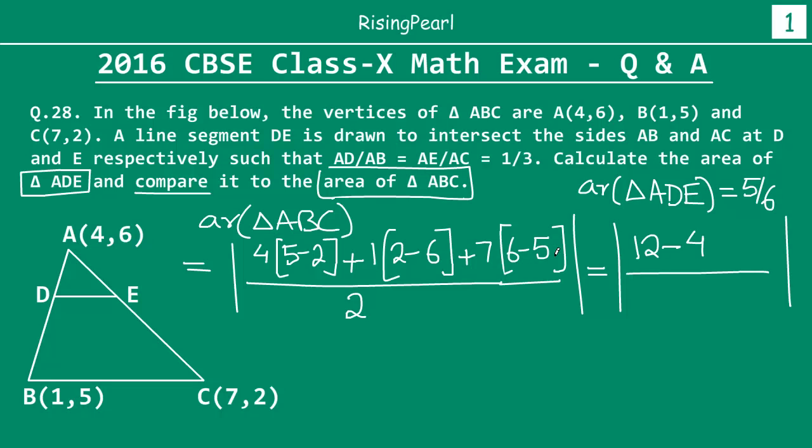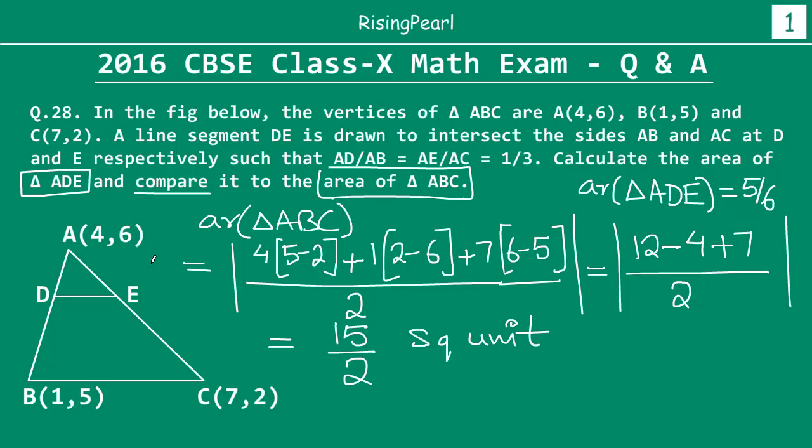And this will be 6 minus 5 is 1, 7 times 1 is 7, so plus 7 by 2. In other words, 7 minus 4 is 3, 12 plus 3 is 15, so this will be 15 by 2 square units.